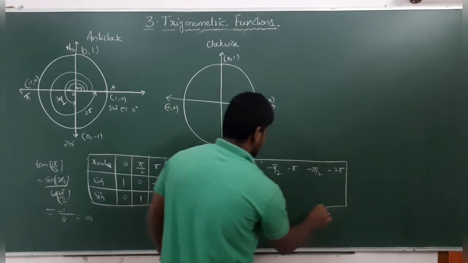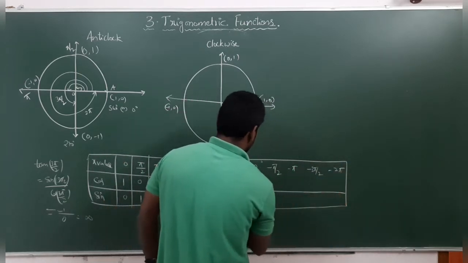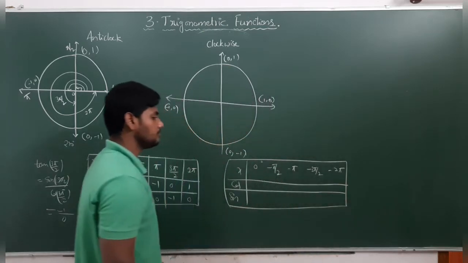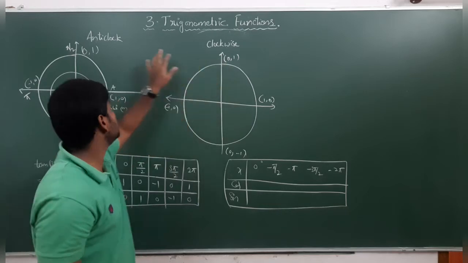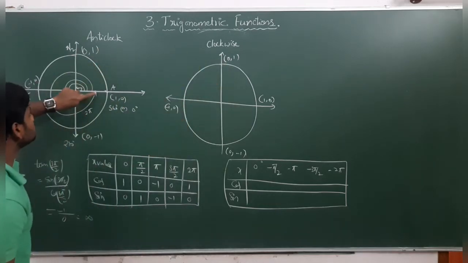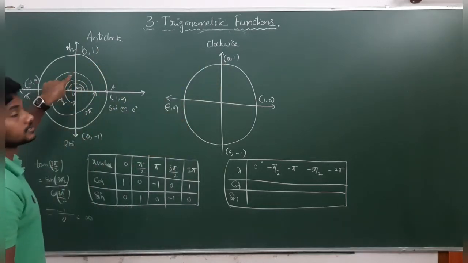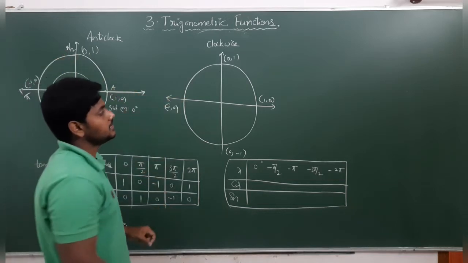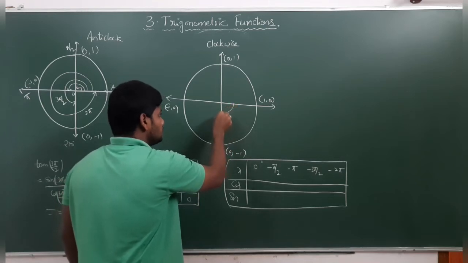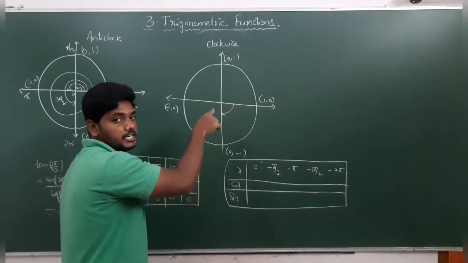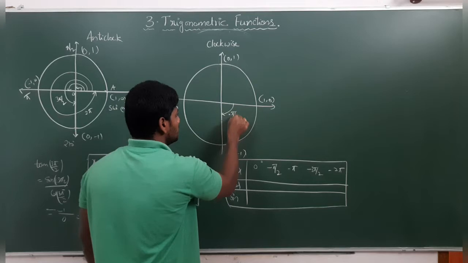Here you should not get confused. See, all of you, if it is minus pi by 2, don't consider this pi by 2. In the anti-clockwise direction, from here to here will become 90 degrees, so pi by 2. In the clockwise direction, this will become 90 degrees, nothing but minus pi by 2.